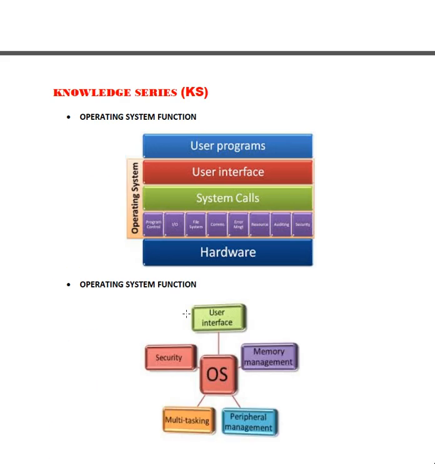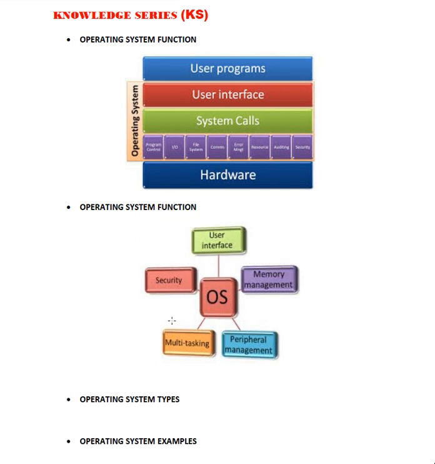These services are peripheral management, memory management, user interface, security, multitasking, device controlling, and printing control. All these things, if it is able to manage under these functions, are part of the operating system.